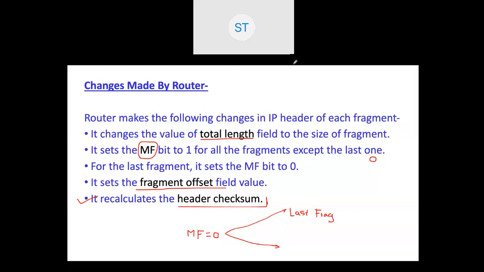Because once we understand this, problems are very easy. MF bit is 0, that means that datagram is either the last fragment or not fragmented, the original datagram. Got the point?